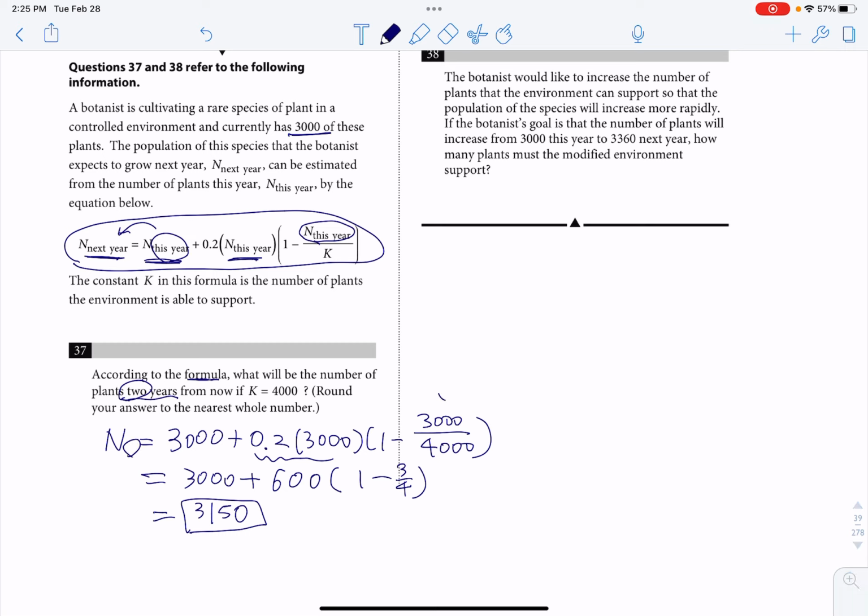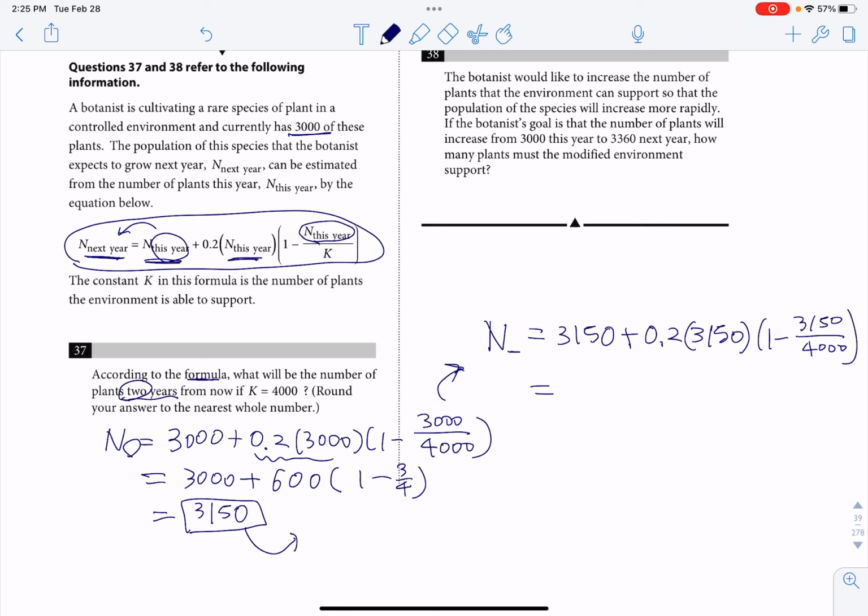And then the year after that, 2 years after this year, you use 3,150 as this year's number of plants to find the next year, which is 2 years from the 3,000 plants. 3,150 plus 0.2 times 3,150, and then 1 minus 3,150 over 4,000.